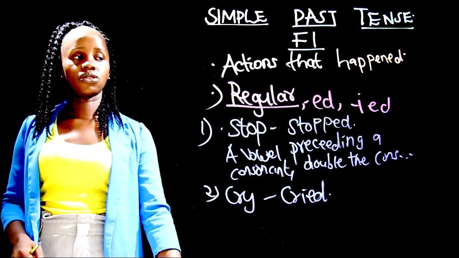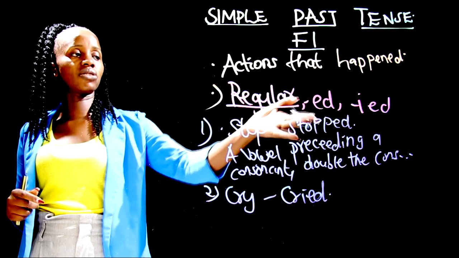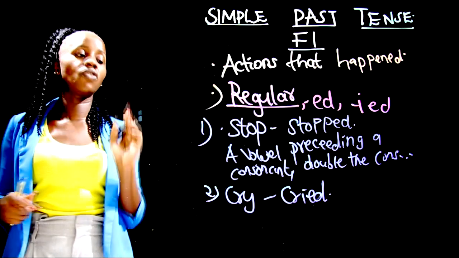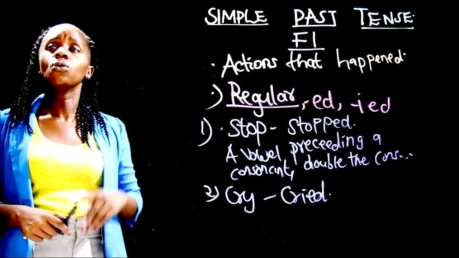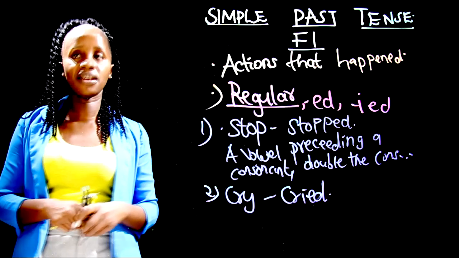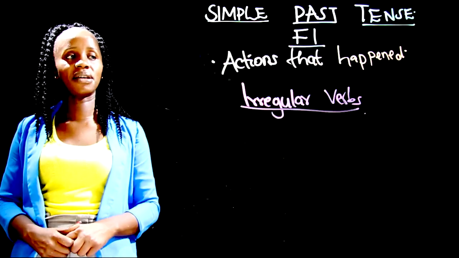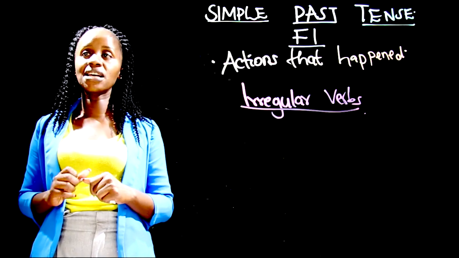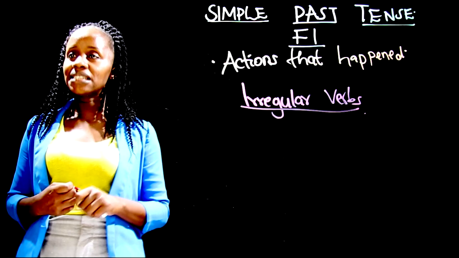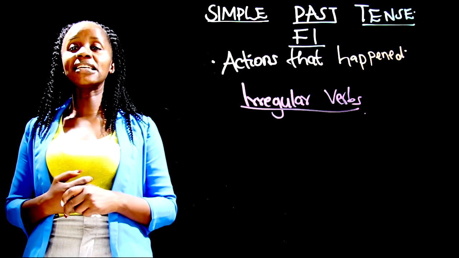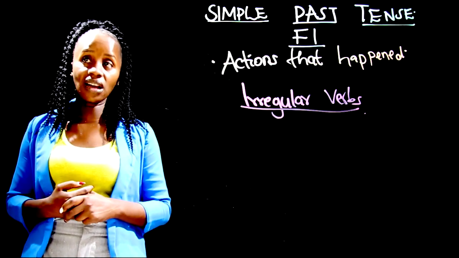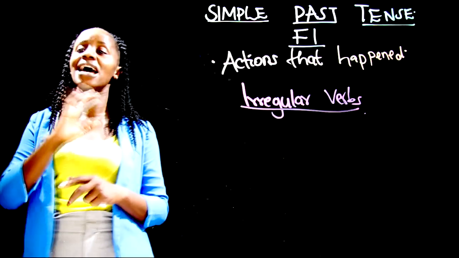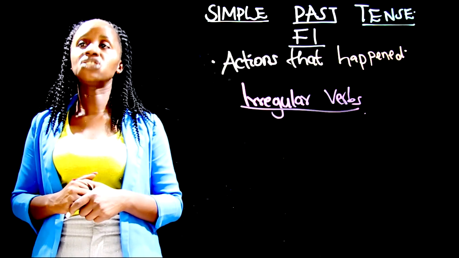Irregular verbs. So two rules. Usually for the past tense you add either ed or ied. But the rules of writing must apply. What happens if you're talking about irregular verbs? Unlike regular verbs where we have rules that we must follow, that is adding ed and adding ied, for irregular verbs we do not have such rules because the entire structure of that verb changes.